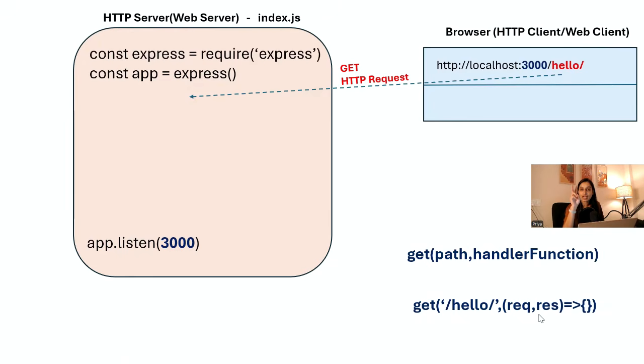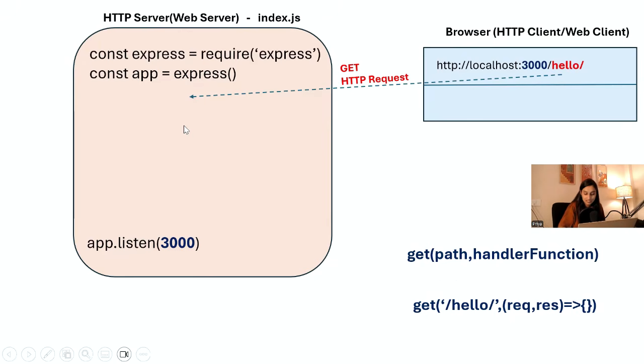The handler function accepts two parameters. One is request, second is response. Do remember, get shows the type of request is get. The first parameter of the get method will be the path. The second parameter will be the handler function. Means if the path is slash hello slash and the type of request is get, what should I do? That will be decided by this handler function.